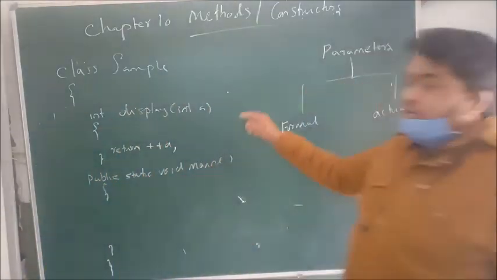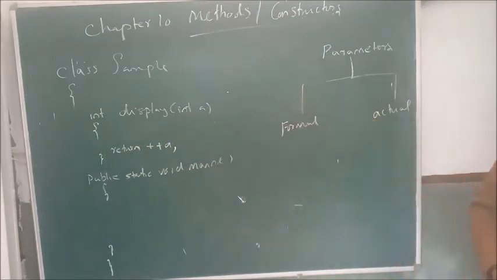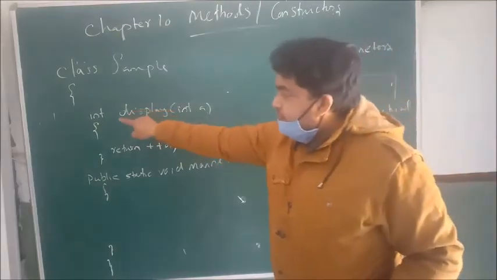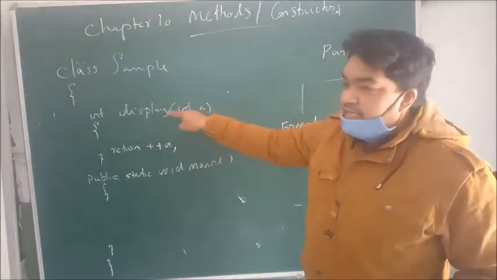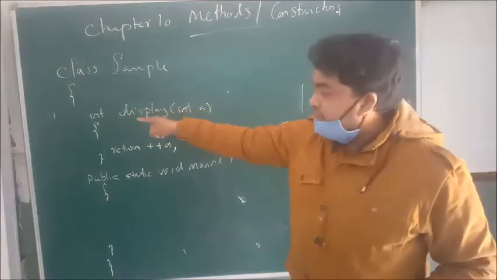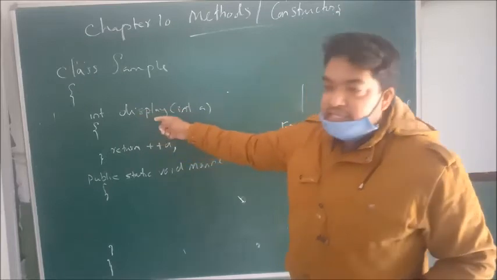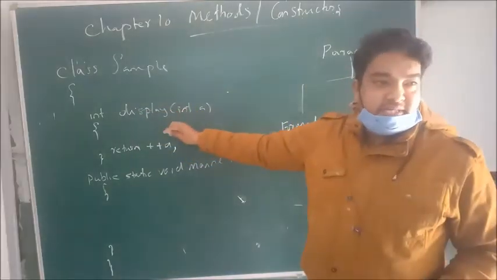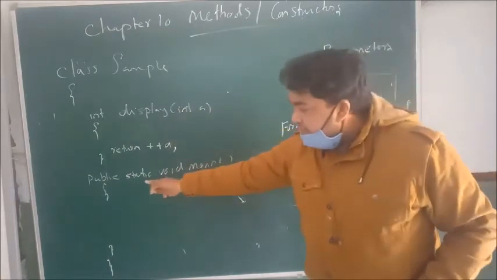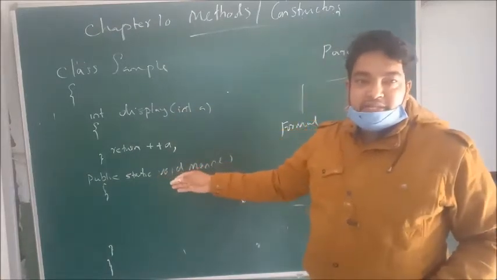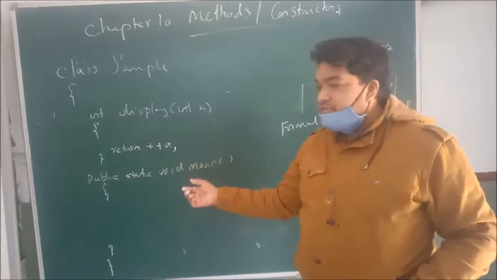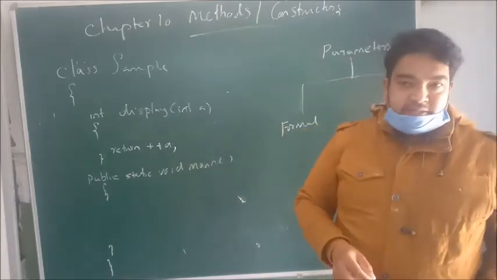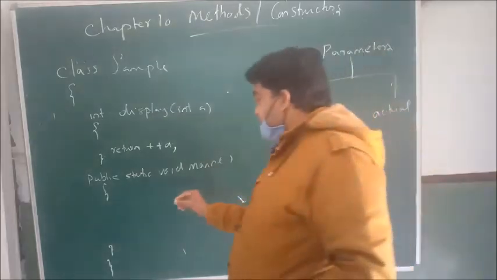Now I can tell you the use of the static keyword also, because see this int display, we can say it is a non-static method, whereas this main function is a static method. So why are we making some functions static and some non-static? What is the reason?